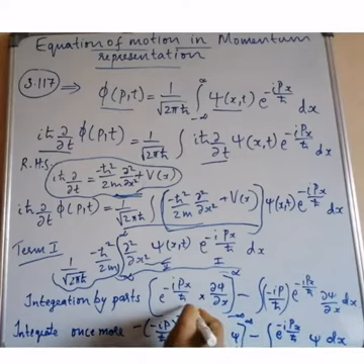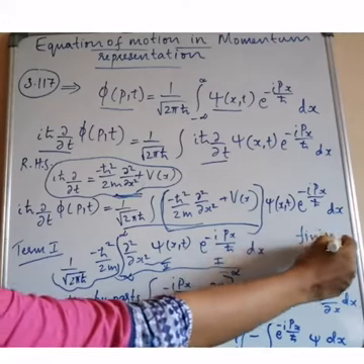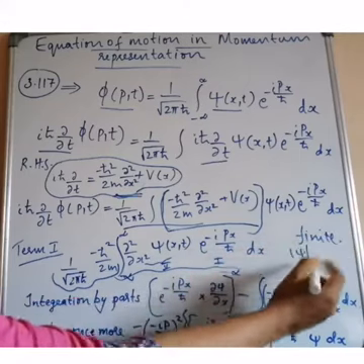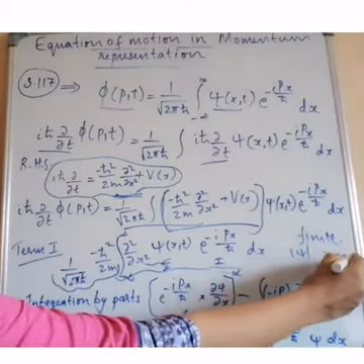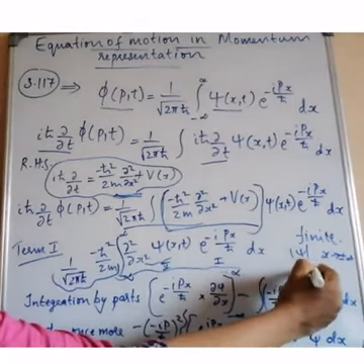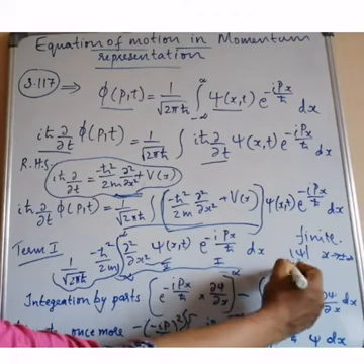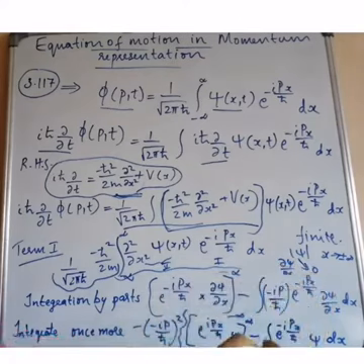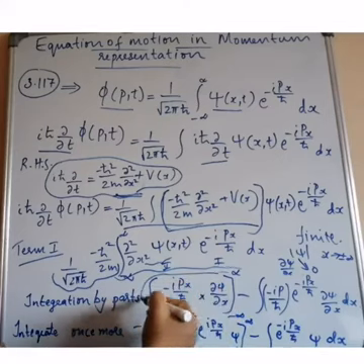As you know, using the finiteness condition of ψ, as the variable x tends to plus or minus infinity, mod ψ tends to 0, and so do its derivatives, ∂ψ/∂x. So this term becomes 0 when we apply limits.